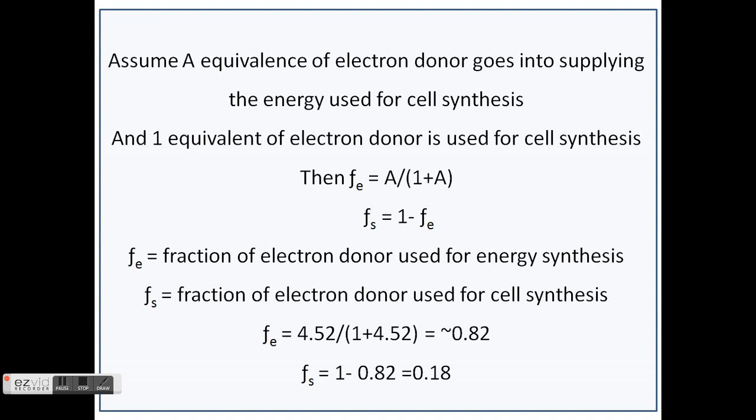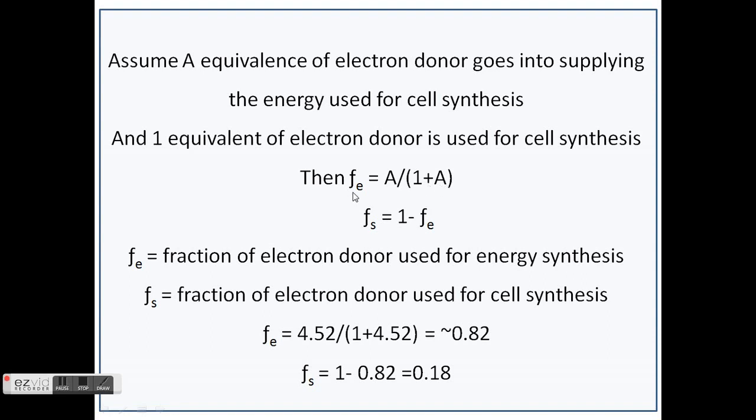We need to oxidize this equivalence of electron donor to provide energy for cell synthesis. So here, if you want to find out the fraction of the electron donor or substrate that goes into energy production, we'll find that equivalence of electron donor that must be oxidized to provide the energy, over 1 plus that amount.